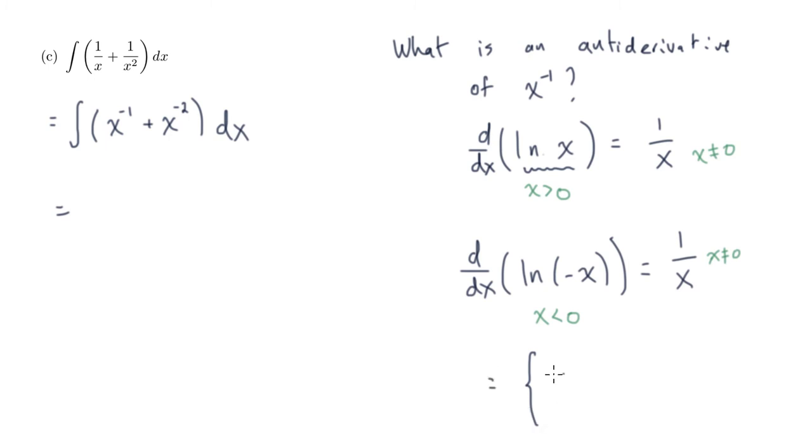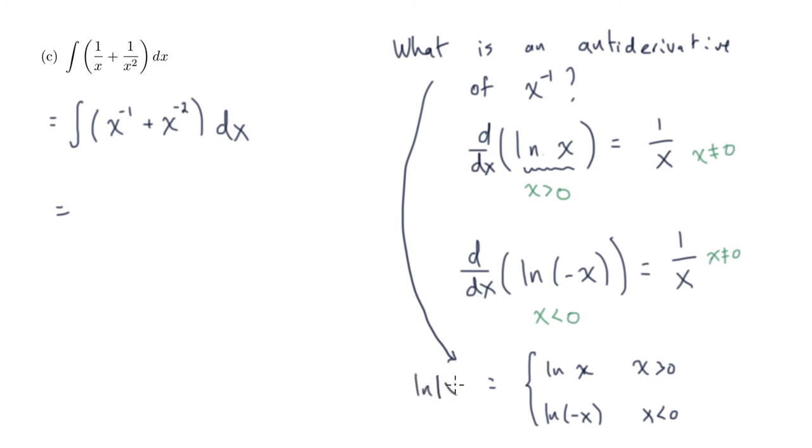It's going to be log x, so this is what the antiderivative is, if x is greater than 0, but it's going to be log of minus x if x is less than 0. But we can simply write this as natural log of absolute value of x, right? This is exactly how the absolute value function breaks up as a piecewise function.